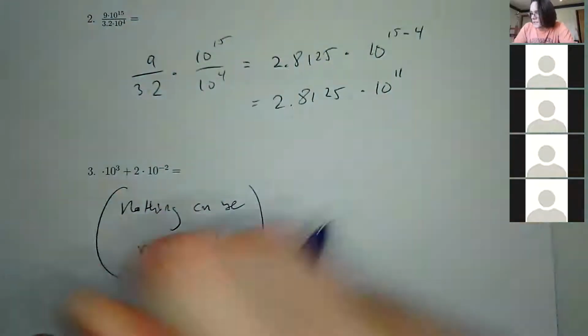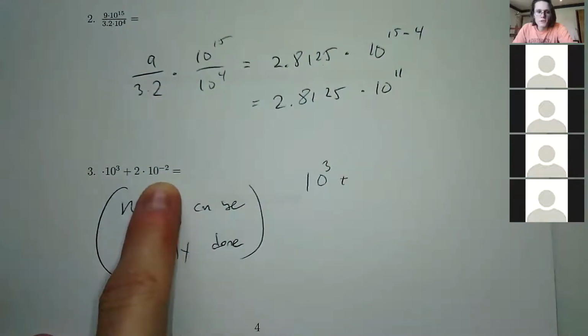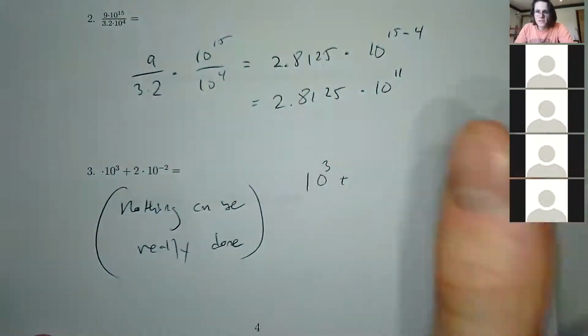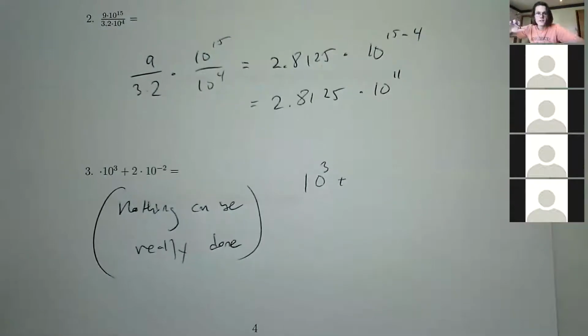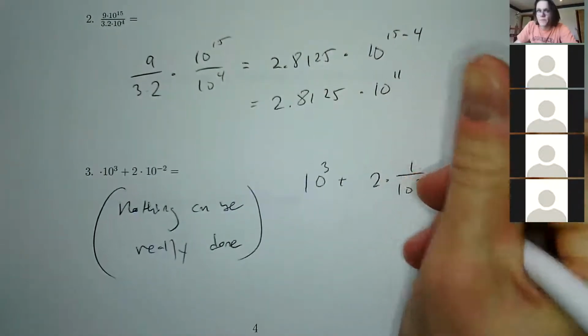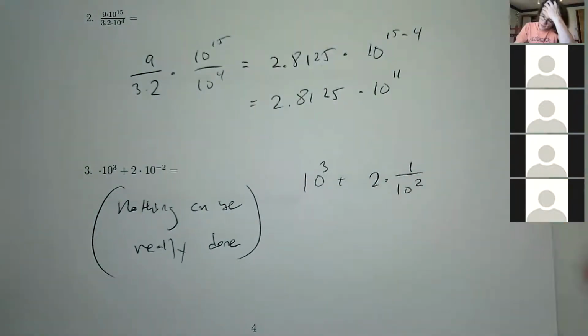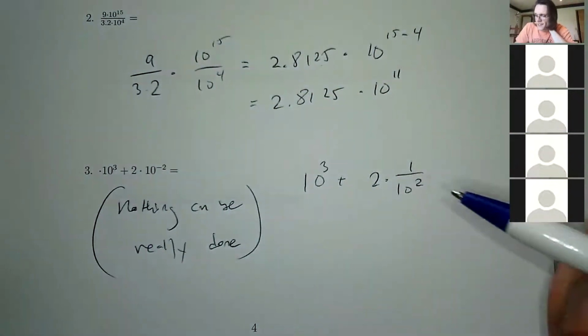If I write this out, if you want to look at it, you get 10 cubed plus, and then remember when you have a negative in the exponent, all these negative exponents we've been doing, just push the 10 in the denominator. So I end up with 2 times 1 over 10 squared. And so you can see that there's really not much I can do. I can't really factor anything out.